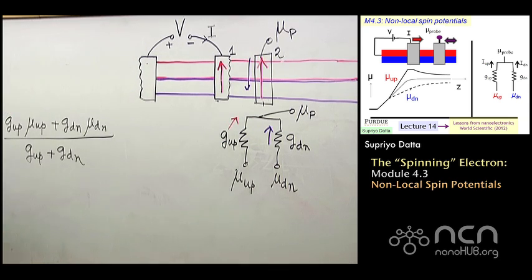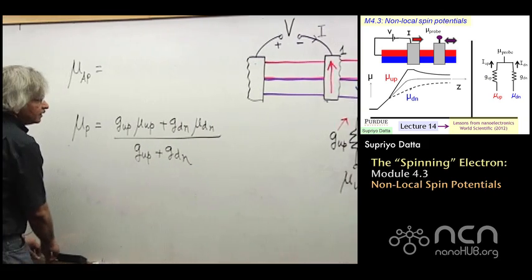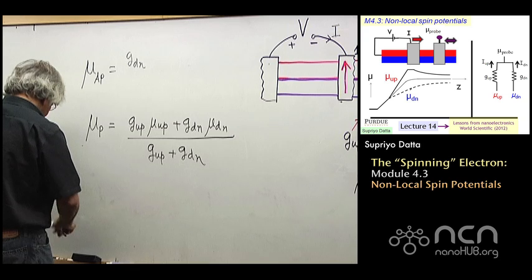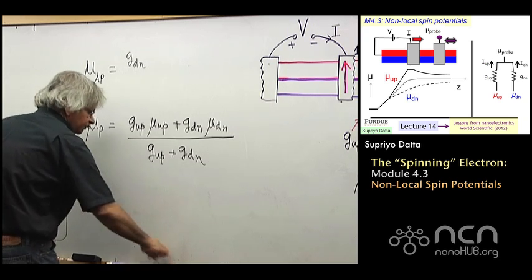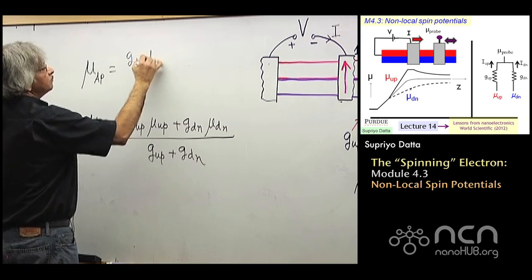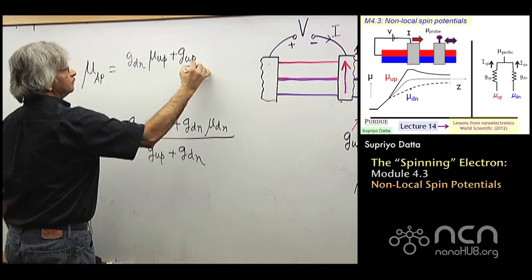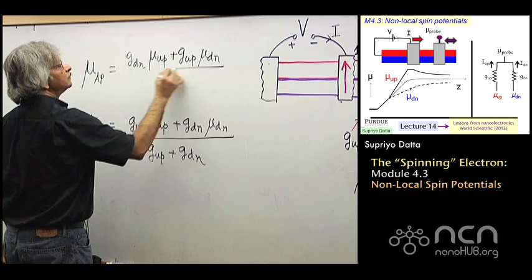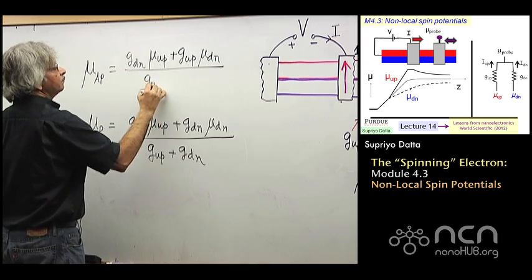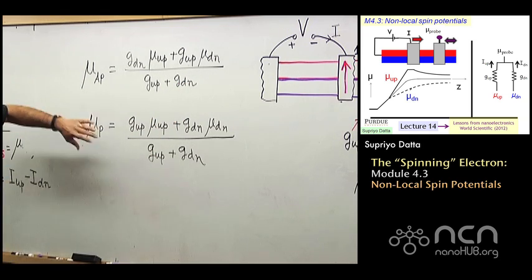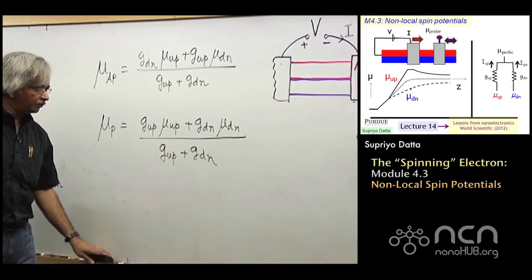So what it means is the mu AP would be given by exactly the same equation, except that instead of G up, I'll now have a G down. G down mu up plus G up mu down divided by G up plus G down. So all I did was took the expression I had and reversed G up and G down.